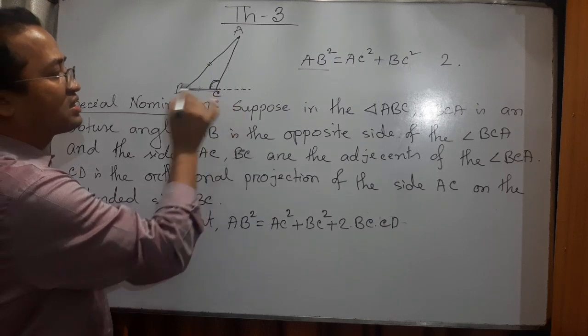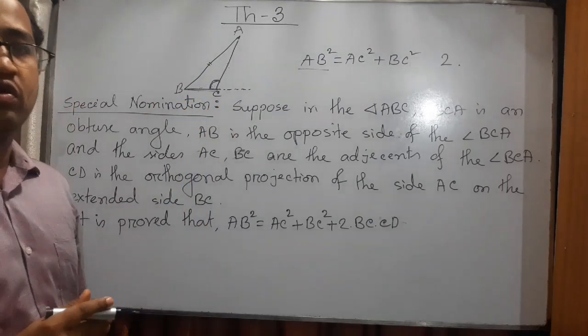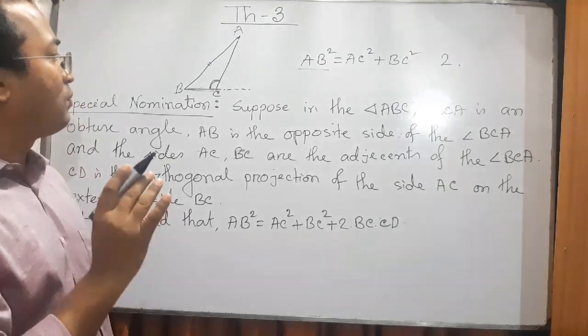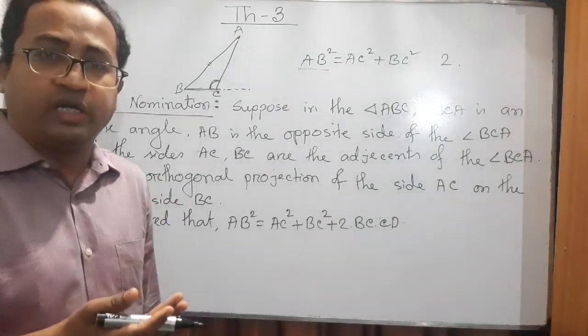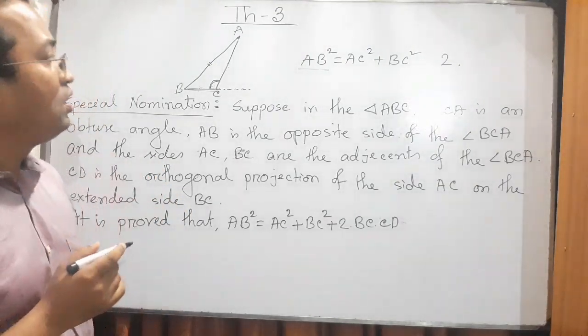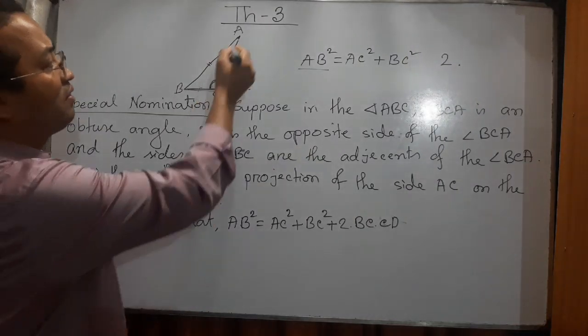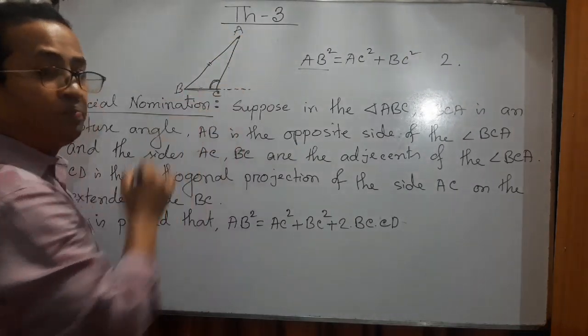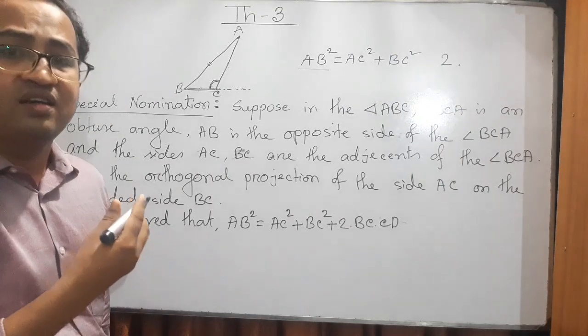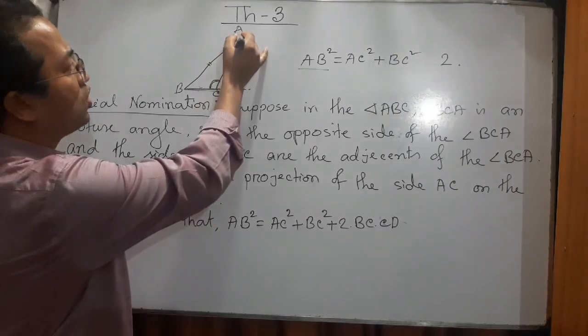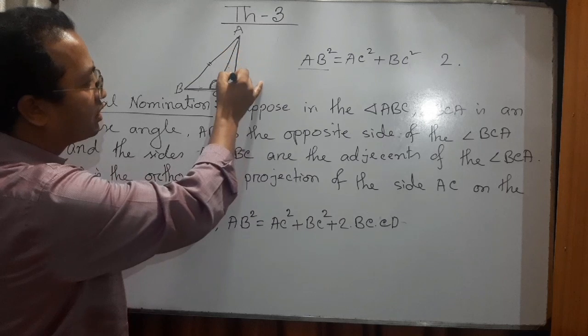So look, already if I expand it, C coincides with BC. We cannot draw any perpendicular from C to BC, or there is no need, or it is not possible. So you need to draw a perpendicular from A to BC or the extended side of BC. So you draw a perpendicular over there.